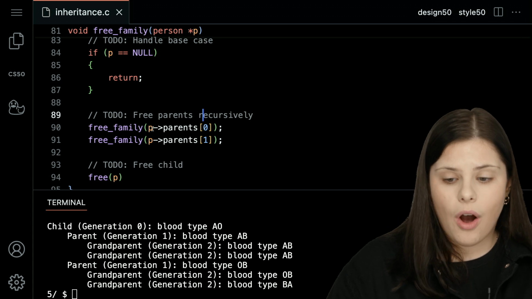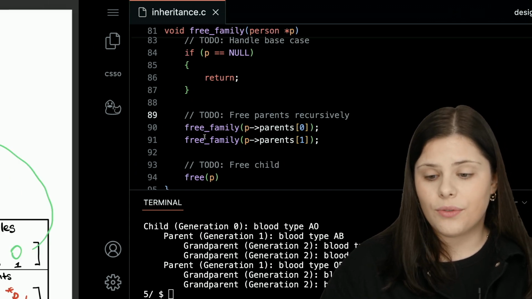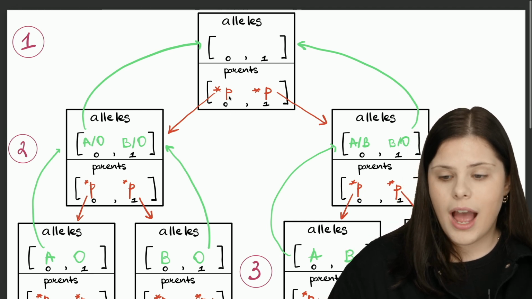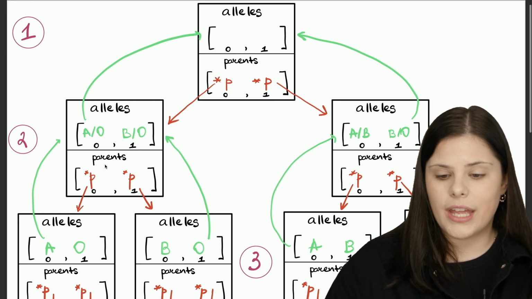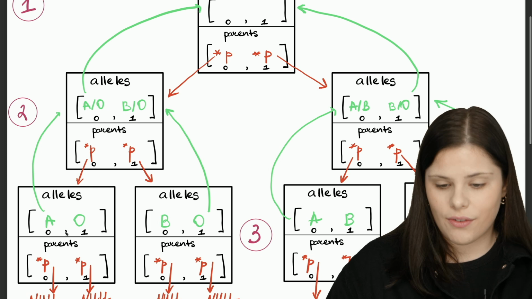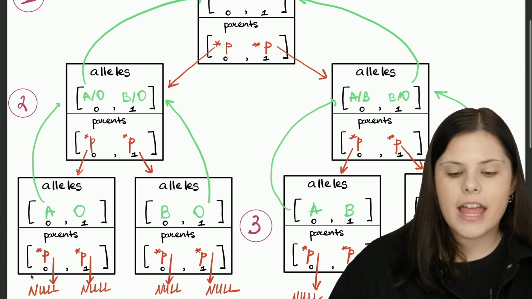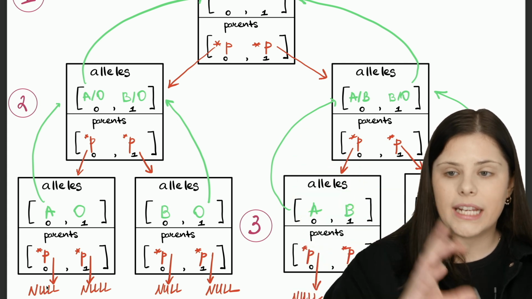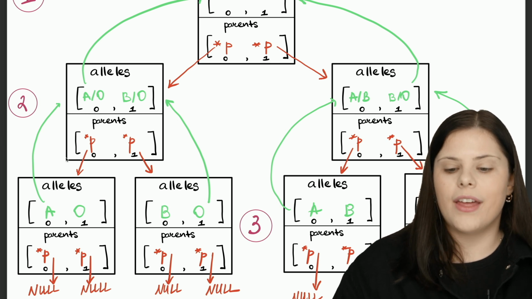So if I keep calling P arrow parents 0, there will be a point where I start on my very top node, I go P parents 0, it is not null, so then I go again P parents 0, this is also not null, so then I go P parents 0, and then I hit null in the very end, and this is how I know I freed that side of the list. So then I free parent 1, and then I go back up.